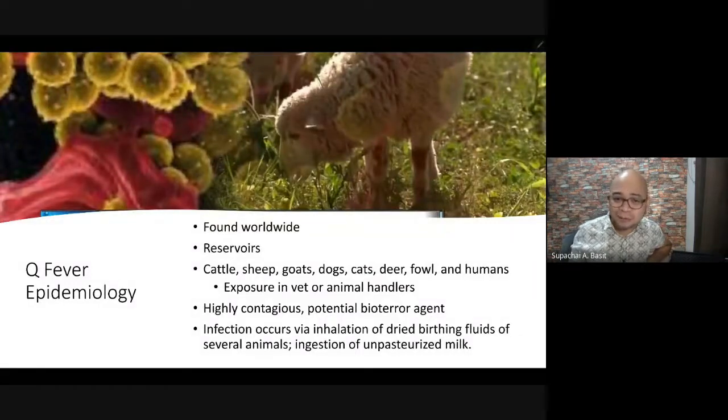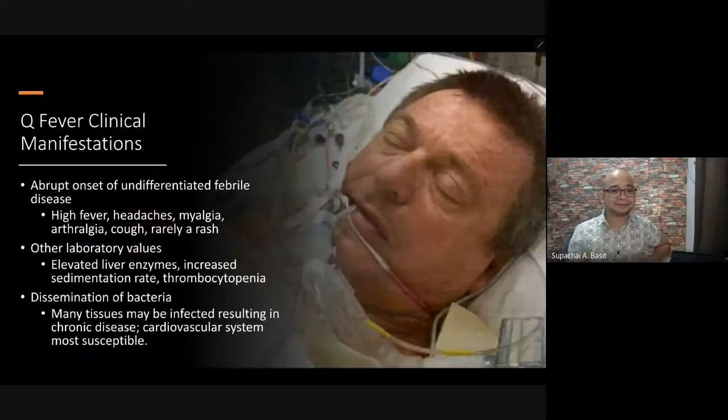So they are more predisposed to have Q fever. And Q fever is highly contagious, and we can also consider them as a potential bioterror agent. So the infection occurs via inhalation of dried birthing fluids of infected animals or ingestion of unpasteurized milk.